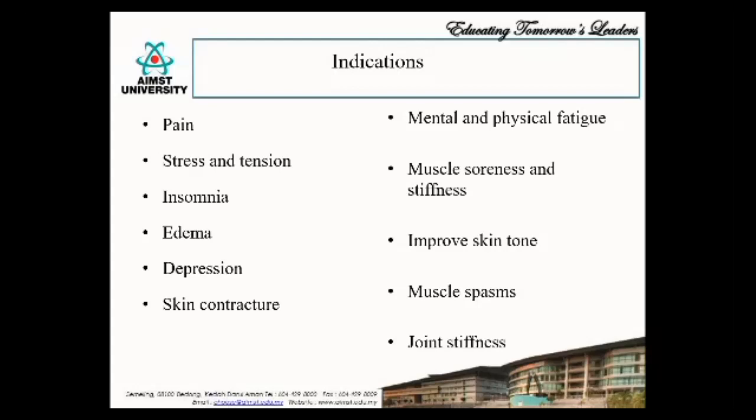So this is because unwanted materials are present in that particular area, and that is causing the stiffness. So you can reduce that muscle soreness by increasing the blood flow.